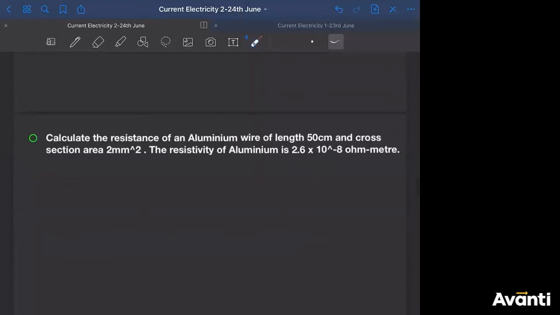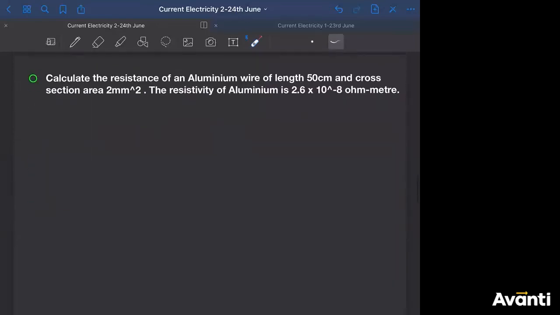Guys, please try to solve this. I'll sort it out, don't worry. Okay, it's okay.